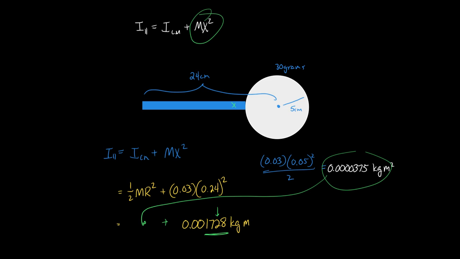Again, how do you write that? Well, if I was looking at this particular one where I had a disk, so it's 1/2 mr squared plus mx squared, I'm thinking when x is bigger than r, that's when this starts to happen. Does it have to be much bigger than r? No, not really.